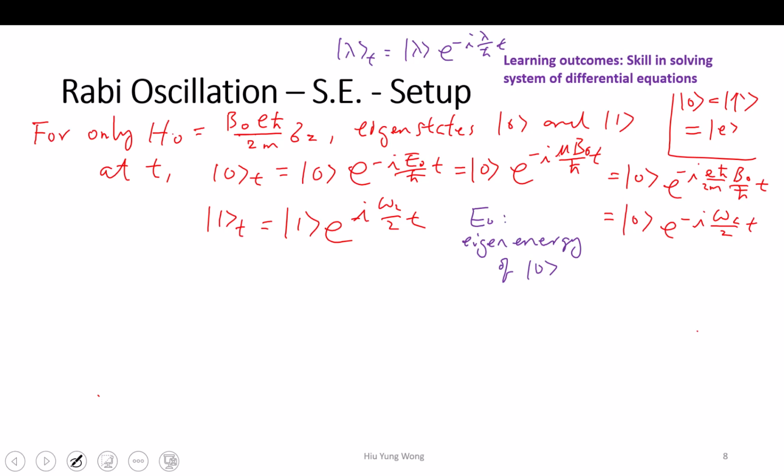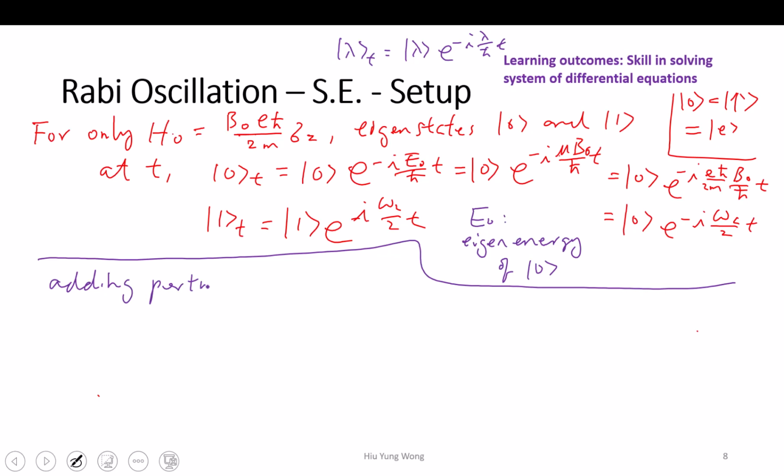Now, what is the point of doing this? Because this is a perturbation. By adding a perturbation, H1 equals B1 cosine omega 1 t times h bar divided by 2 sigma x. This is the perturbation we add to the original system.